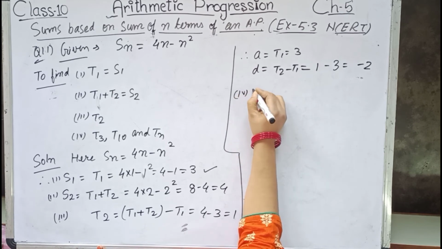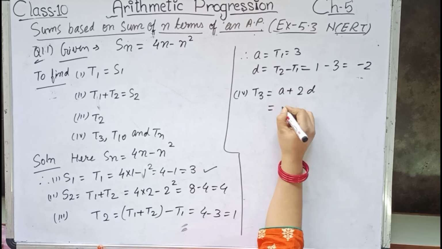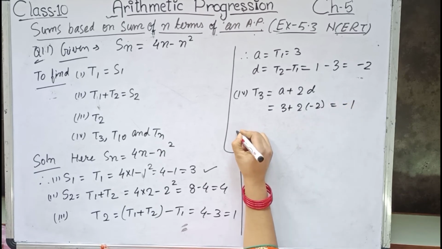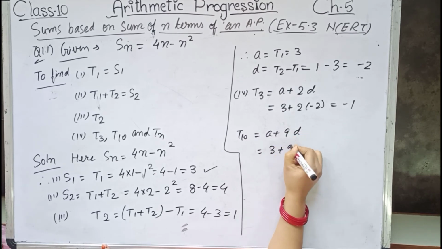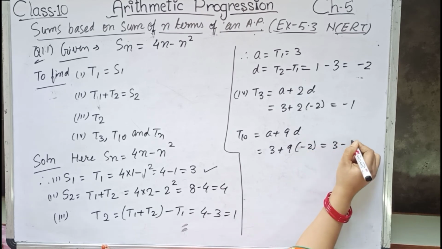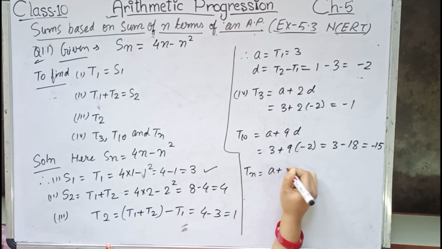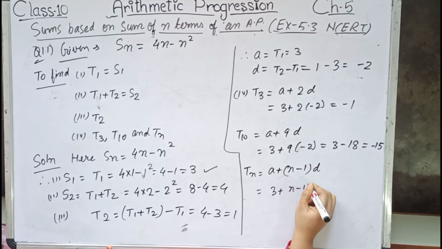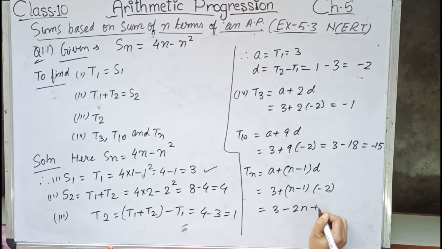So for number 4 I am starting, T3 is equals to A plus of 2D, I am writing using the formula, is equals to 3 plus 2 into minus 2 equals to minus 1, and T10 equals to A plus of 9D equals to 3 plus of 9 into minus 2 equals to 3 minus of 18 equals to minus of 15, and Tn equals to A plus n minus of 1 into D. Now this will be equals to 3 plus n minus of 1 into minus of 2 equals to 3 minus of 2n plus of 2 equals to 5 minus of 2n.